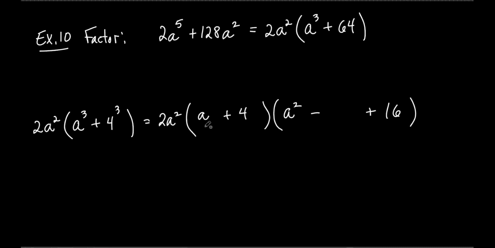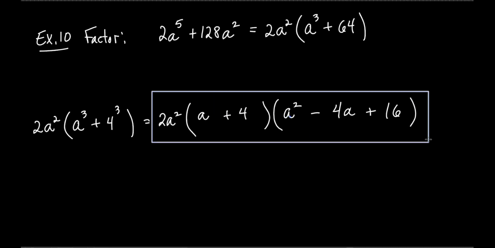One more thing. What do we do to find the middle one? Multiply the a and the 4, which is 4a. And that's it. Told you it was easier than the other one, didn't I? I wasn't lying. That's all you can do. And this will not factor.